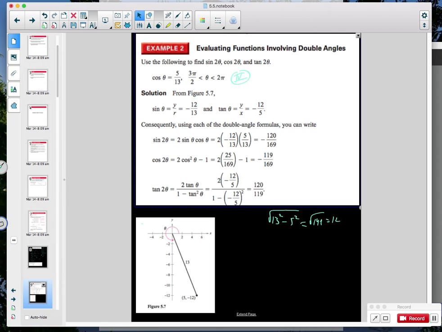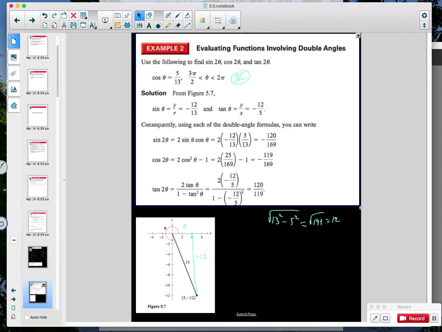So the picture that you can see is this is 5, and this, in reality, is going to be negative 12 because it's going down, alright? So even though the mathematics gives me 12 here, this is negative 12.